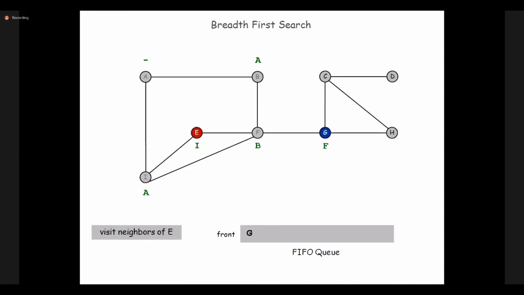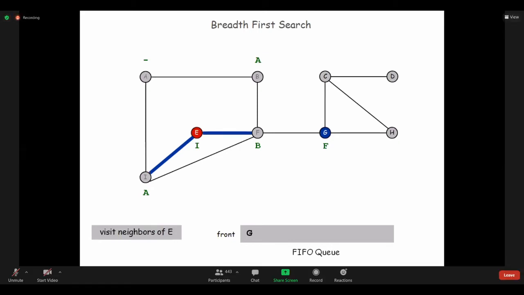Next vertex from Q is G. What are the adjacent vertices for G? C, H, F. C and H are not done. F is already done.